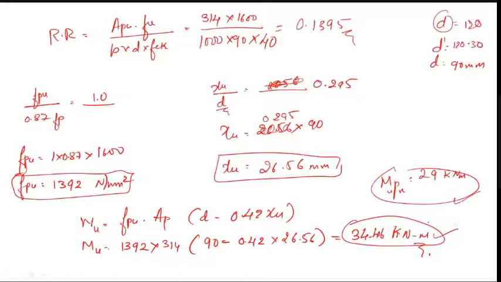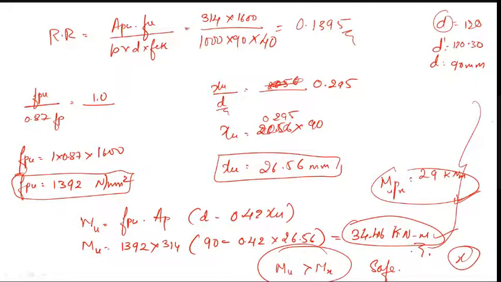This is the required one, so it is safe. You can write it down: Mu is greater than Mx, hence safe in limit state of collapse. So that is the whole procedure for the x direction. Similarly, we should go for the y direction.